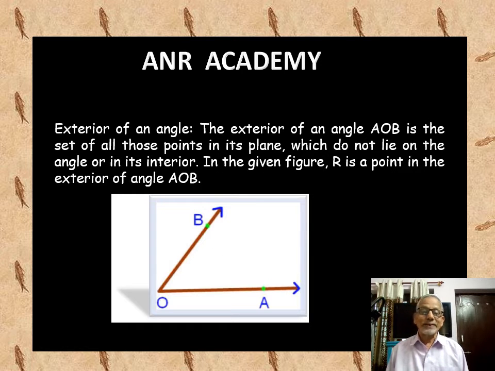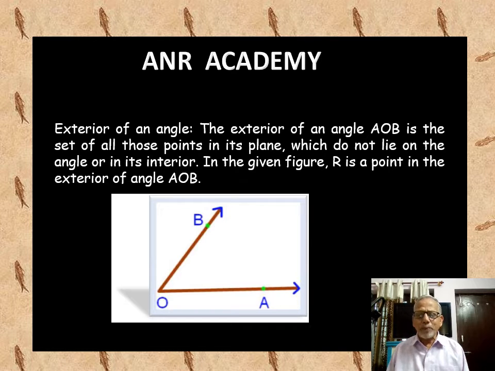So now next, exterior of an angle. The exterior of an angle AOB is the set of all those points in its plane which do not lie on the angle or in its interior.